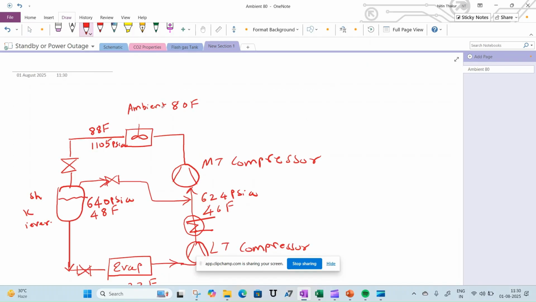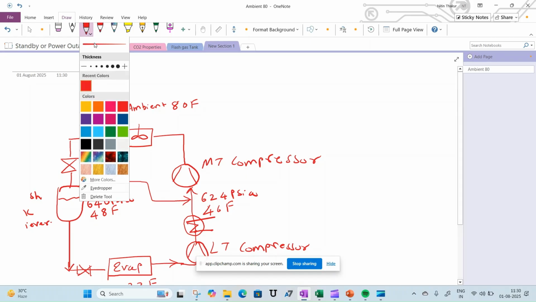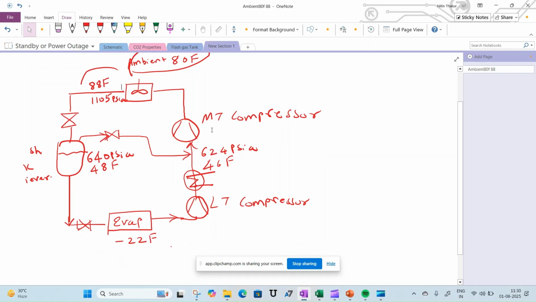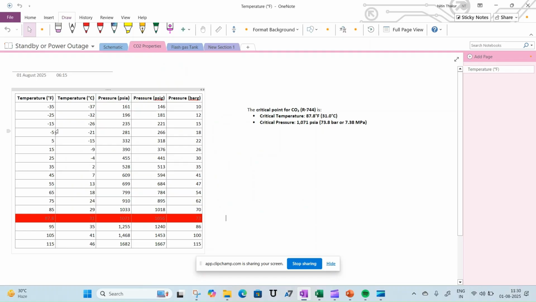So when I say the temperature will be 80 degrees Fahrenheit, this compressor is killed, so the outlet pressure would be, let's just say, on the suction of this at negative 22 degrees Fahrenheit, the pressure is about 196 psia.